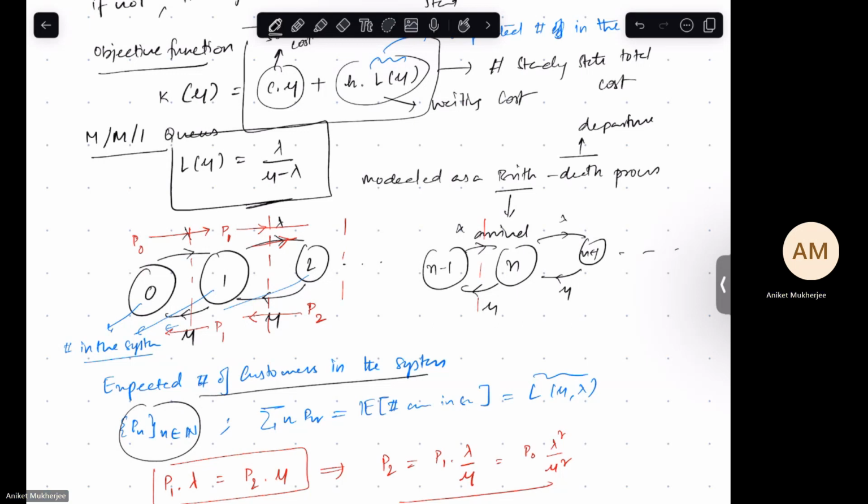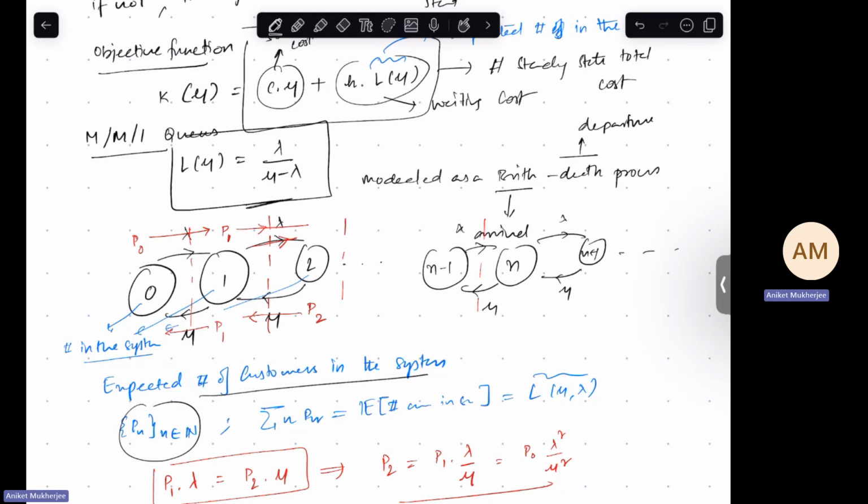Similarly, with rate mu, you go from 1 to 0.